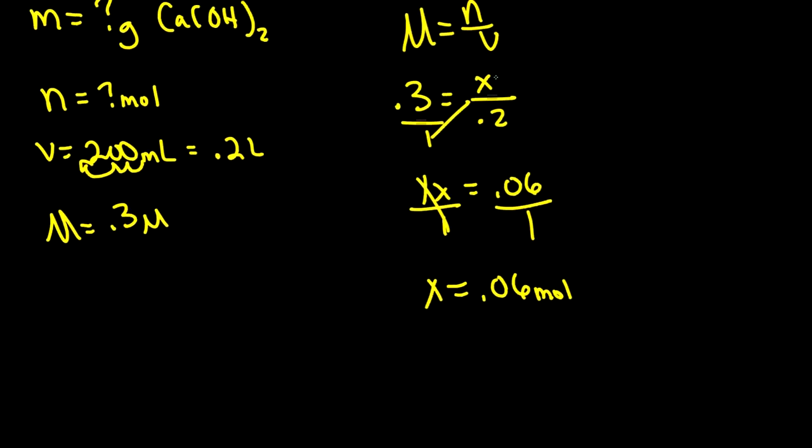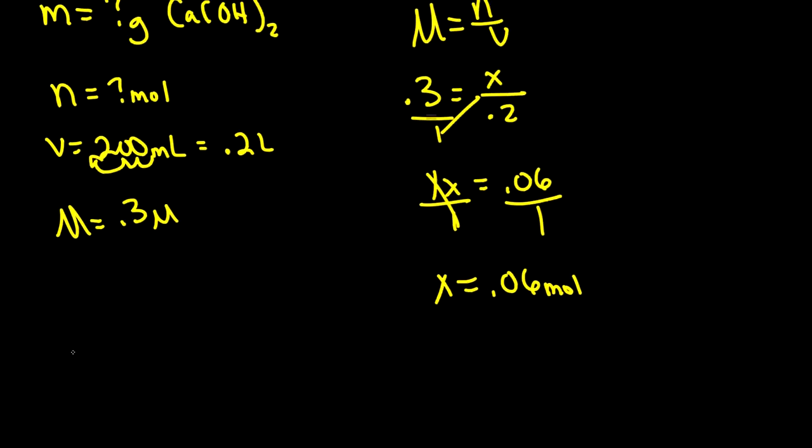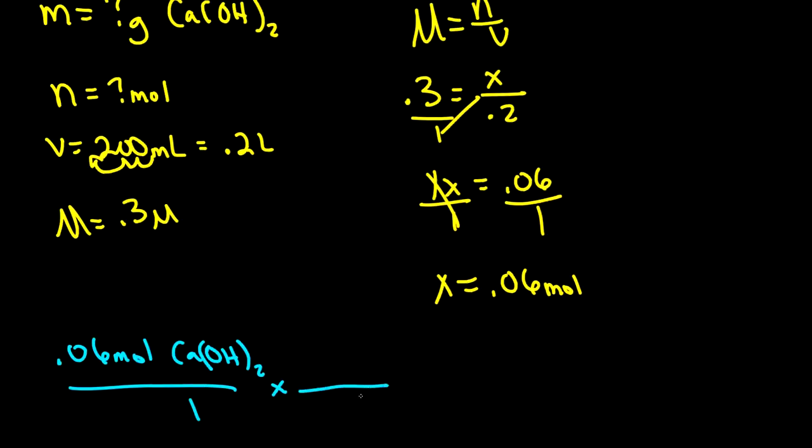So we got 0.06 moles of calcium hydroxide, and I need to change that to grams. So that goes over 1. So 1 mole calcium hydroxide is how many grams? Calcium is 40, 2 oxygens is 32, 2 hydrogens is 2, together that makes 74.